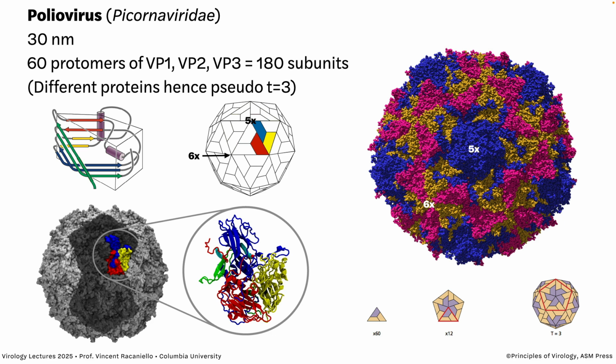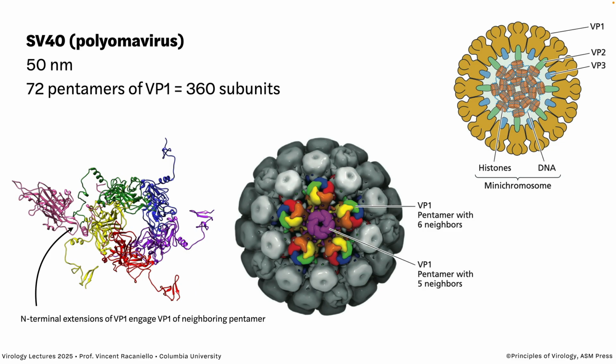If they were all VP1, then we would not call it pseudo T equals 3, but they're different proteins. And so again, you have a 5-fold axis of symmetry and a 6-fold axis of symmetry, and 3 subunits making up the structural unit, repeated to form the virus capsid. So that's a T equals 3 particle.